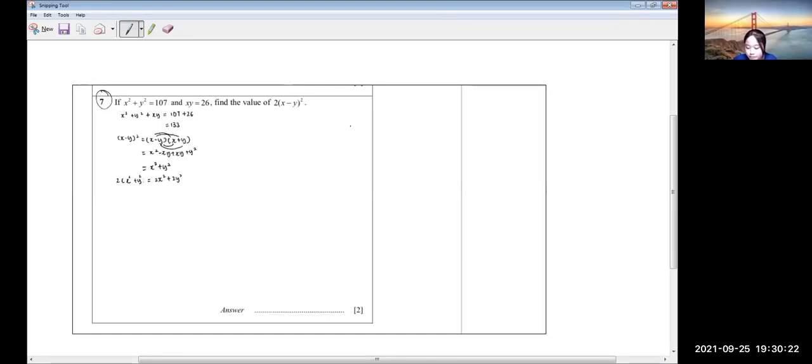The a square plus b square plus 2ab is equal to, no, sorry. If I add a minus sign here, this will be minus. Let me just put it properly.